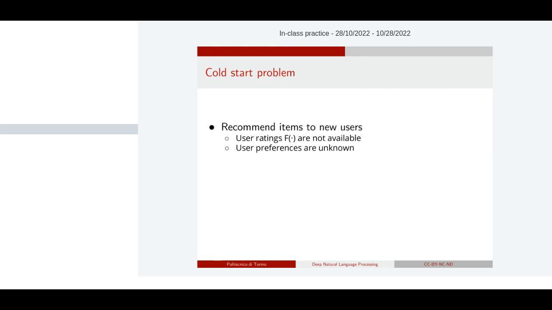The third problem is called the cold start, and it's a similar problem, but from the user perspective. If you are a new user recently recorded in the system, maybe you created a new account and registered to an e-commerce platform, then we don't know anything about you. Maybe we can ask you to provide some personal information, like the age range, the provenance, or some keywords of interest.